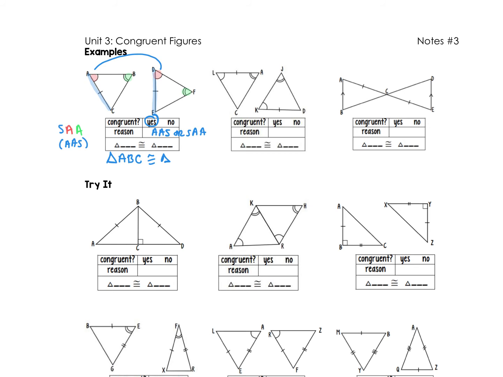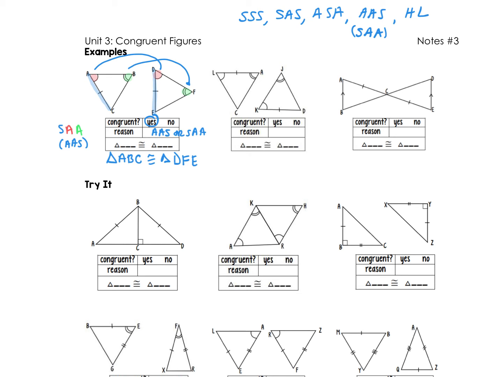Angle A corresponds to angle D, so the second triangle's name has to start with D. Angle B corresponds to angle F, so D to F, and then finally E. So triangle ABC is congruent to triangle DFE by side, angle, angle, or angle, angle, side. By the way, you may want to list your methods at the top here. Those methods are side, side, side; side, angle, side; angle, side, angle; angle, angle, side, or side, angle, angle; and hypotenuse leg.